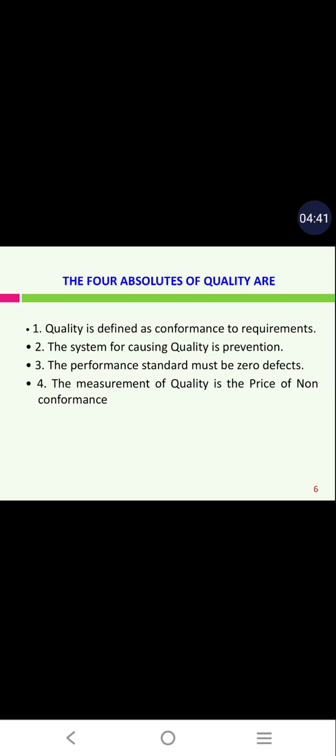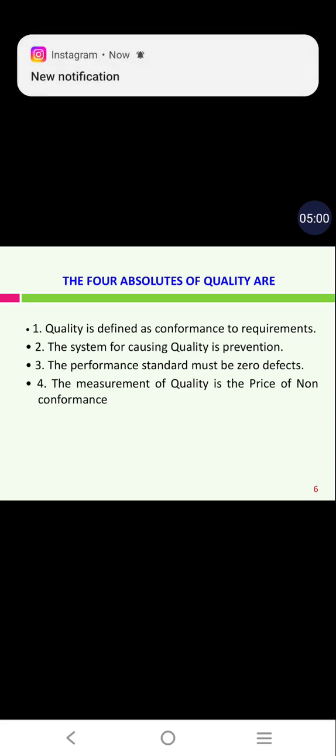Whenever they are manufacturing a particular product, there should not be any defects. That is why he is famous for the concept of zero defects. And the fourth one is the measurement of quality is the price of non-conformance. If the product does not conform to the requirement, then we need to pay the price, in terms of rework, something like that. These are all the four absolutes of quality.